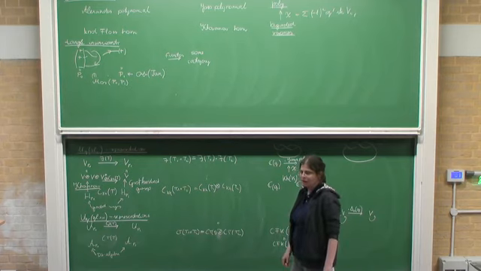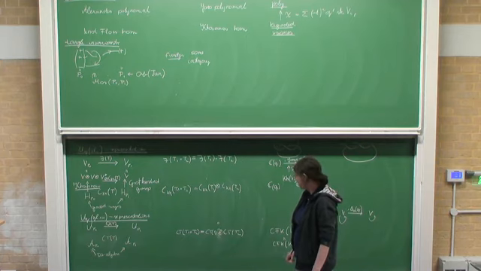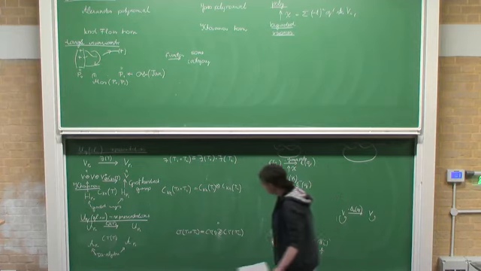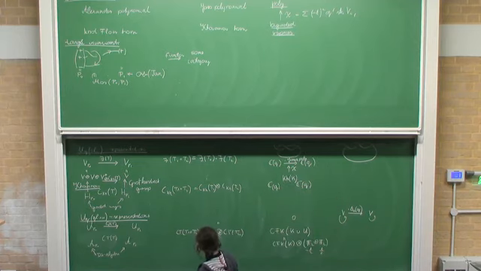But at the end of the day, I always get CFK of K tensor U rather than K tensor some number of unknots. So basically the only problem here is that what you associate to the straight tangle is somehow not an identity.